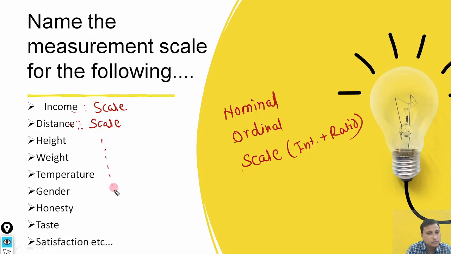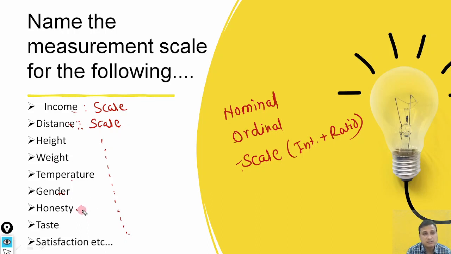Likewise, you will have to answer for each variable. Height, scale data. Weight, again scale. Temperature, scale. Gender is nominal. Honesty, if you are using a five-level Likert scale, then it will be ordinal.